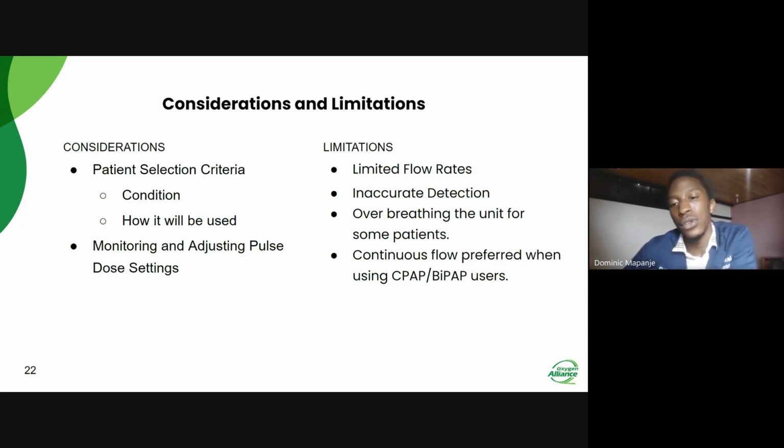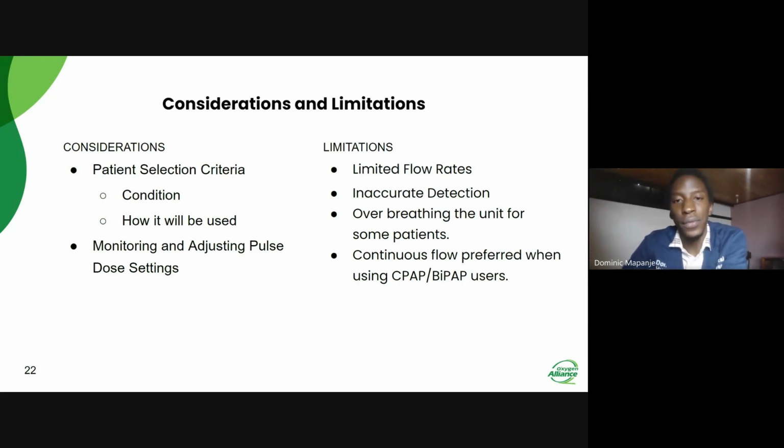And I have also said that these portable oxygen concentrators, or the pulse-dose oxygen delivery method, cannot be used with CPAP or with BiPAP machines. So in this case, the pulse-dose method of oxygen delivery is limited, and you have to use the continuous flow method of oxygen delivery.